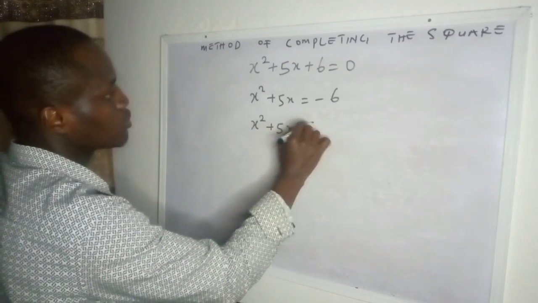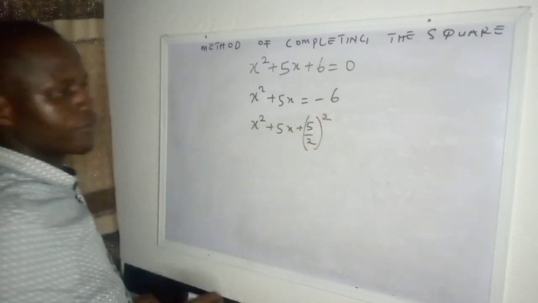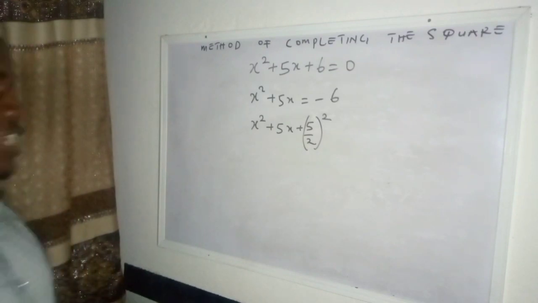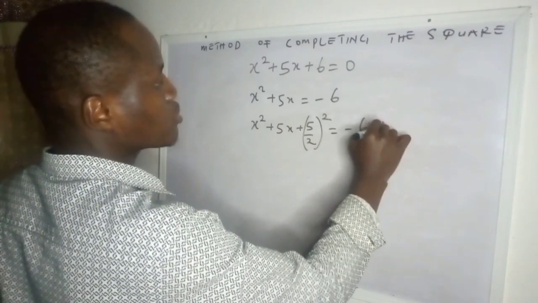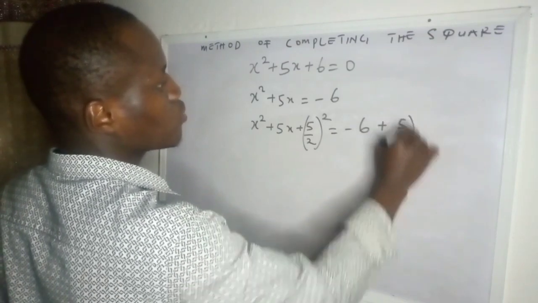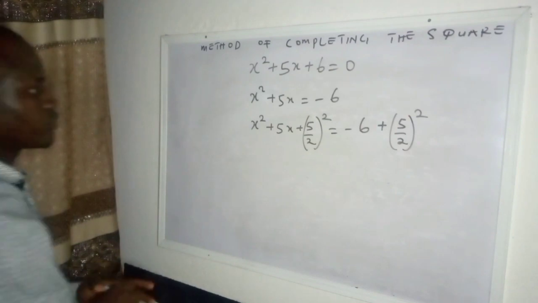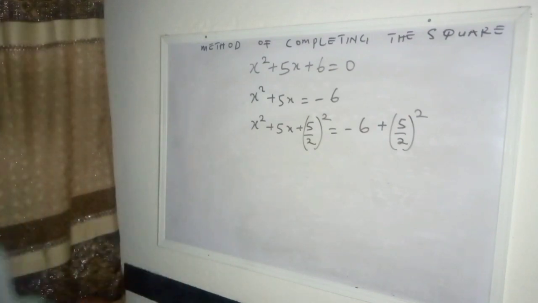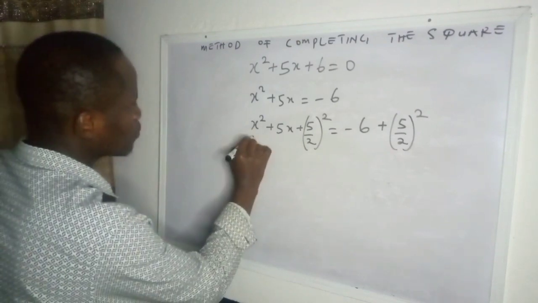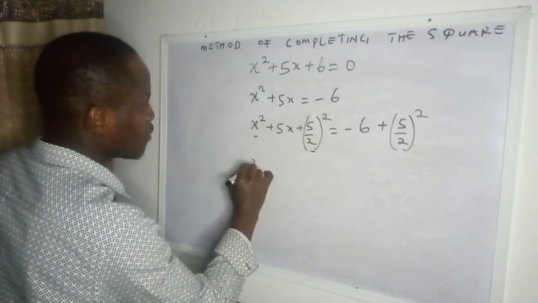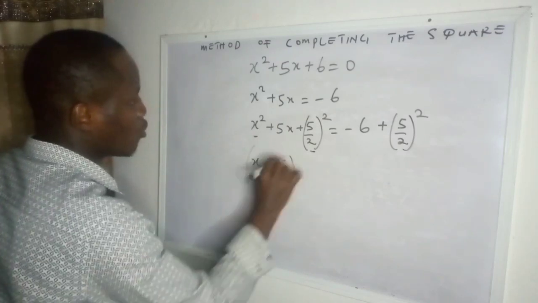plus half of it, which is (5 over 2) all squared. Since it is an equation, I'm going to do it to both sides. I'm going to have minus 6 plus (5 over 2) all squared. Now, based on what we were doing before, you have (x plus 5 over 2) all squared.